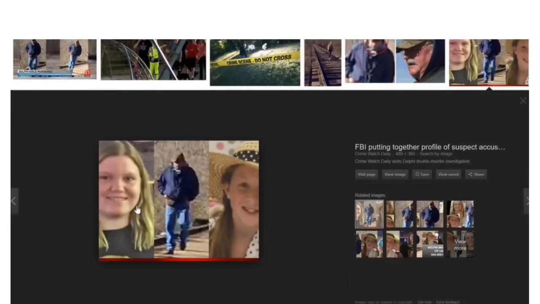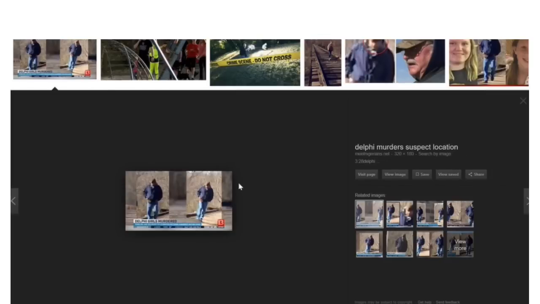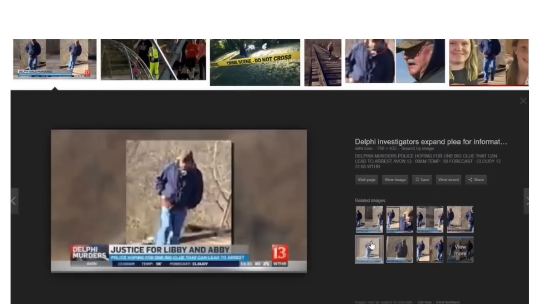There we are. There we have Libby, the suspect, and Abby. So if you see this guy, try and get a better picture of him. Now we've got tiny pictures coming up, that's about right.